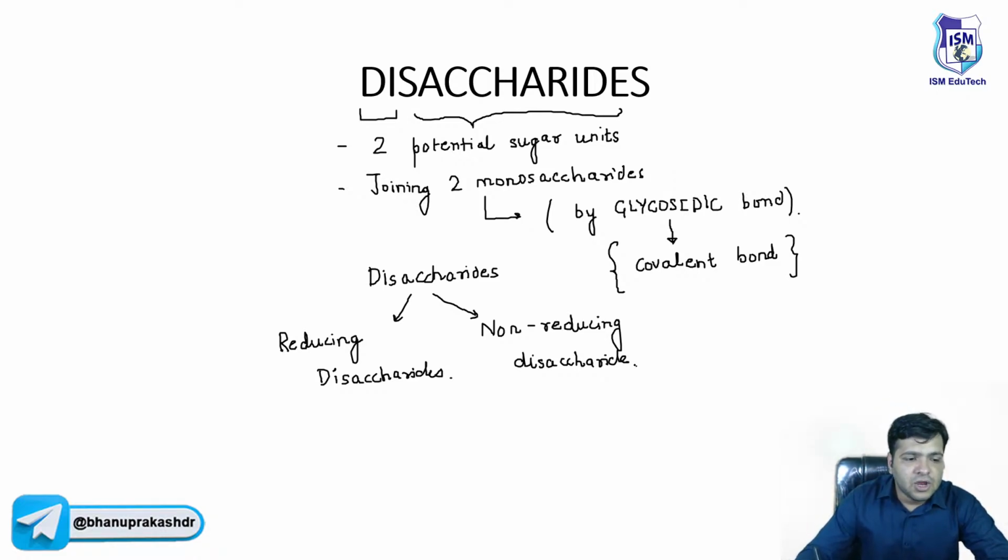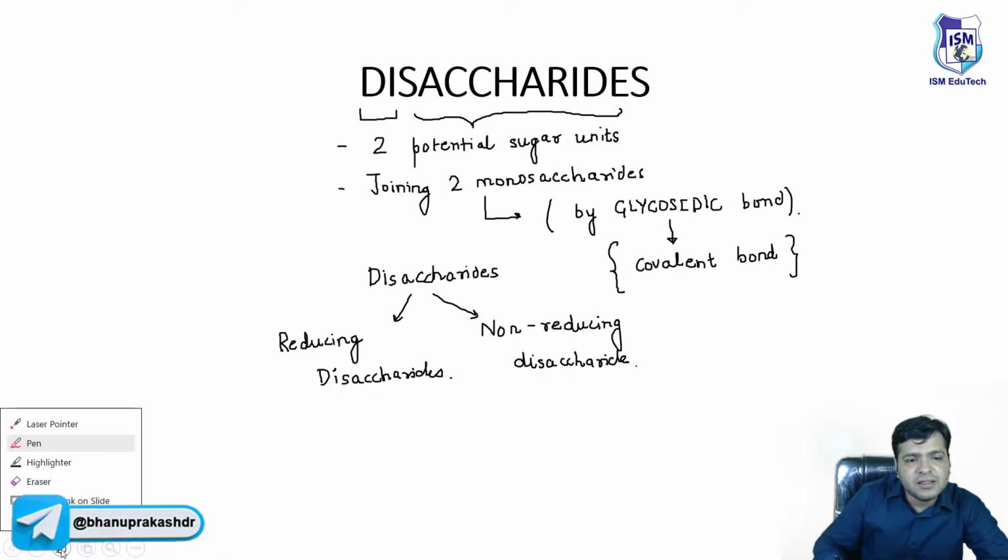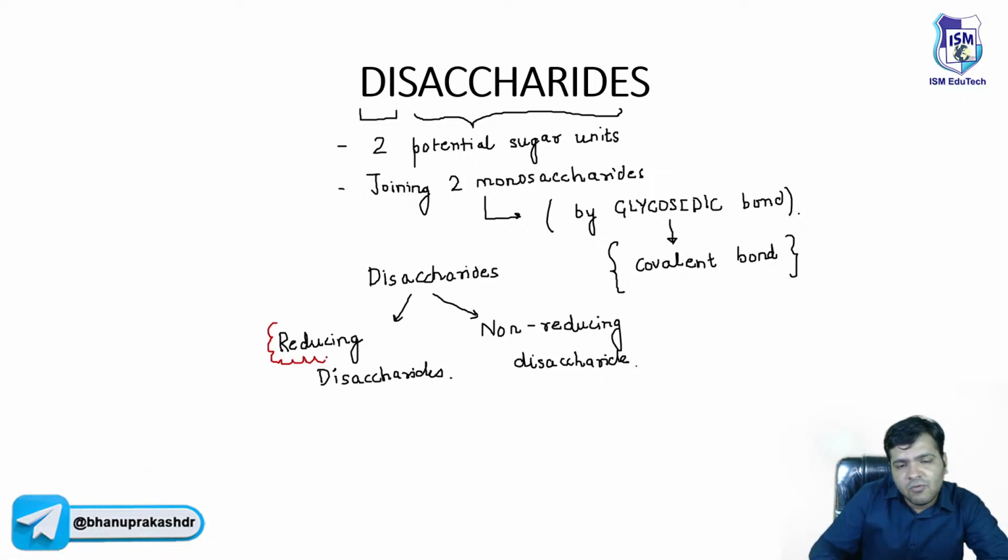Now what is meant by the term reducing, beta? Just try to understand from the term. Reducing means the functional group. When I say functional group in the case of carbohydrates, it is aldehyde or ketone, right?